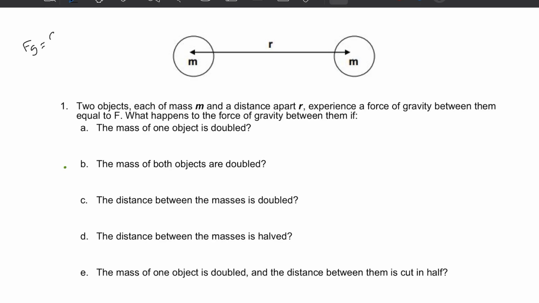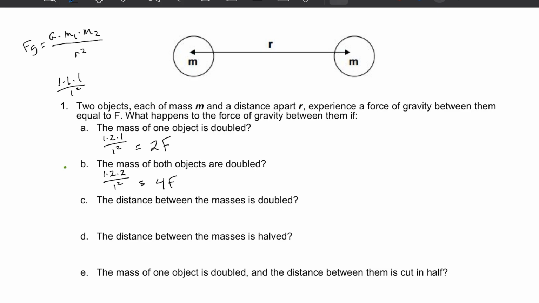This is the second type of problem now that we're going to see. First, we calculated for the formulas, and we can calculate for any unknown variable within that formula as long as there's only one unknown. But now we're going to look at ratiometric problems. So I'm going to take my formula GMM over r squared, and I'm going to turn everything into a 1: 1 times 1 times 1 over 1 squared. Then I'm going to plug in that change and see what the change to the force is. So if we double a mass, one of the ones becomes a 2, do the math, and you get 2 times the force.